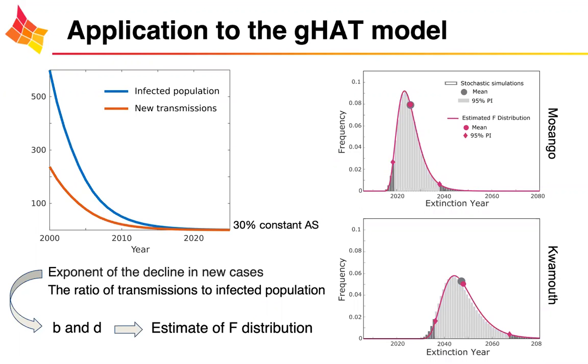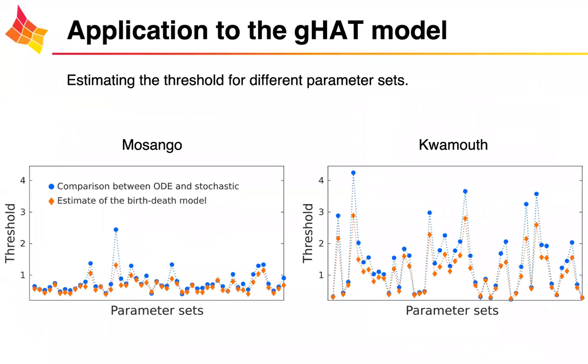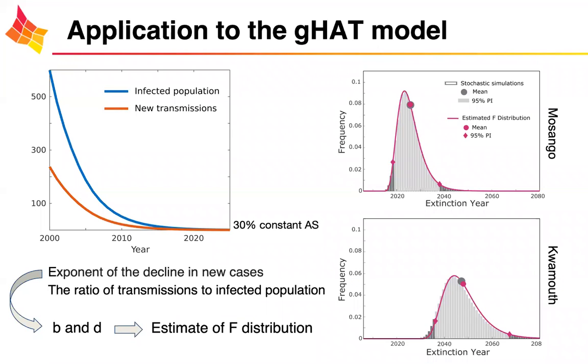I should mention that here we didn't use the real numbers of active screening. It's just a constant active screening. The two plots here correspond to two different health zones with two different prevalence values and two different dynamics of G-hat.